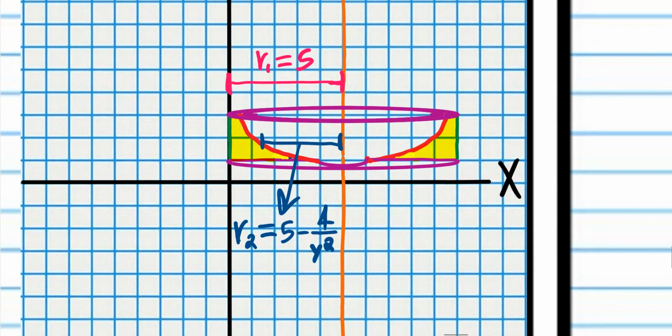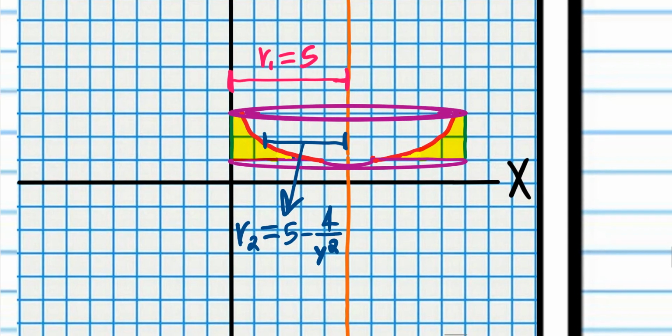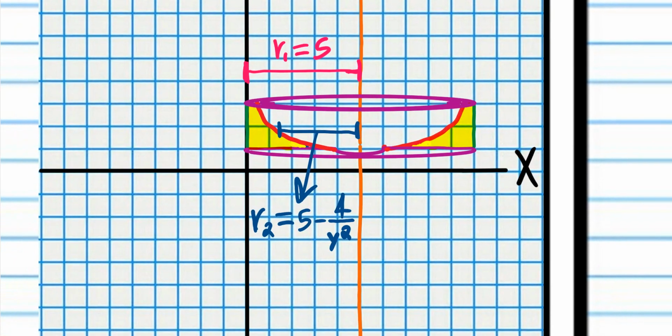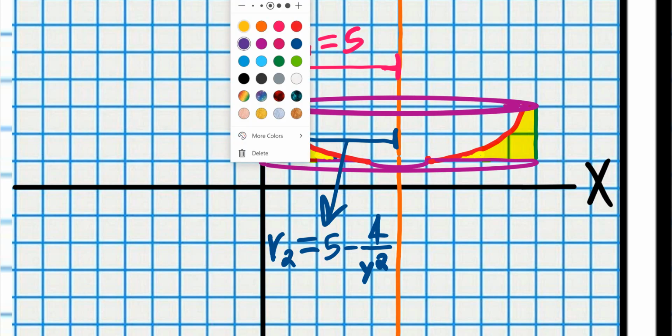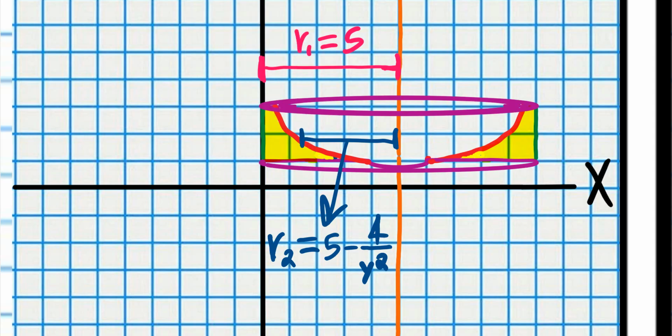And so what is the radius of the smaller circles? Well, that is going to be 5 minus 4 over y squared. So 5 is this dark purple distance, that's 5, and then we're going to subtract this green length, which is 4 over y squared. 4 over y squared is an x value.